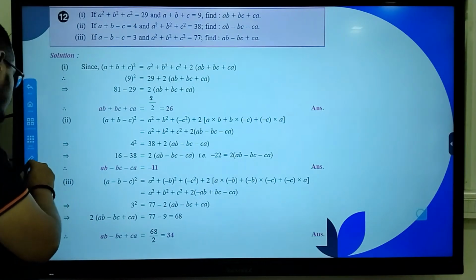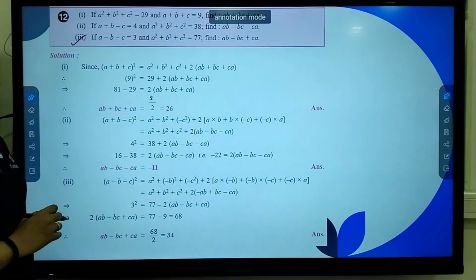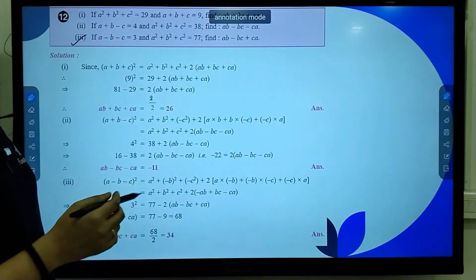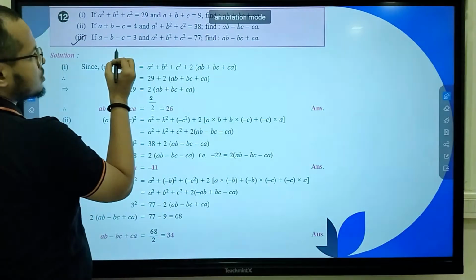If you have any issue on how to do this, because it's already written in the code, let me do number 3. So a minus b minus c is equal to 3. First thing I will do is squaring both sides.